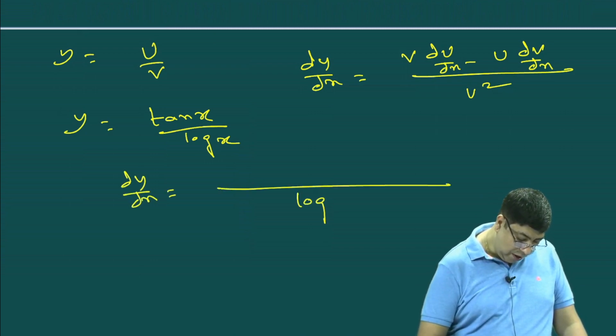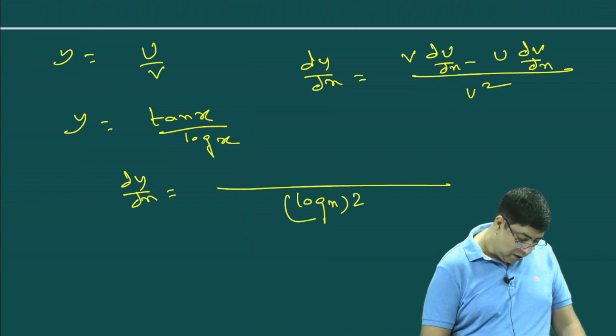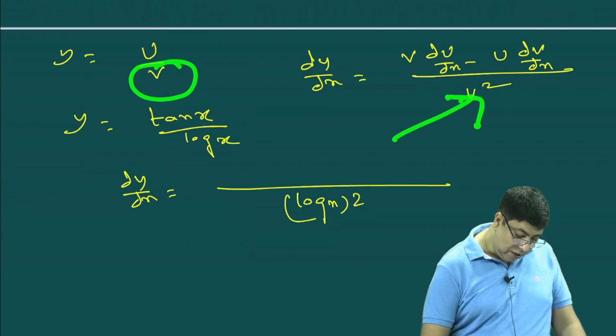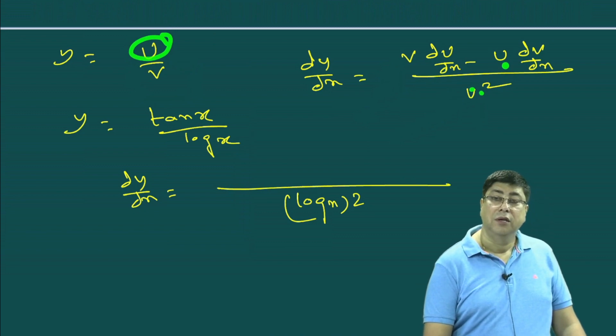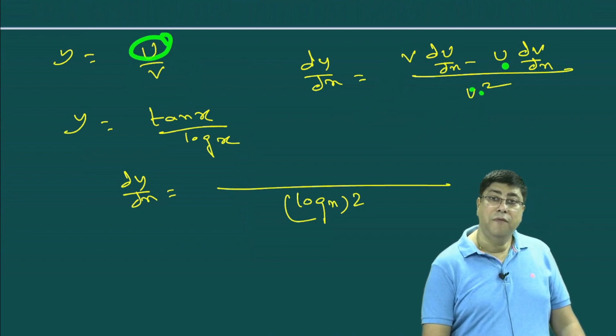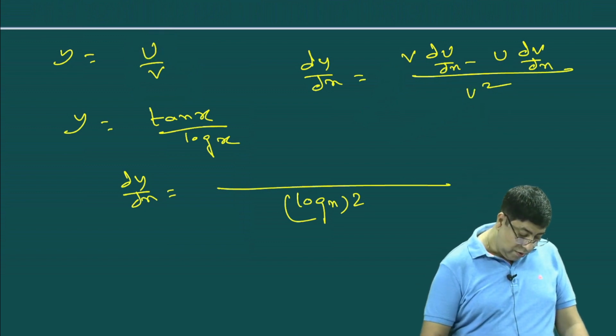So v square in the denominator. Just see one thing: this is v, this is v, so v square in the denominator. Then v constant, derivative of the first, the derivative of u, minus u constant, derivative of v. Remember this. This is a bit confusing formula, but a very effective formula. So what will we do?